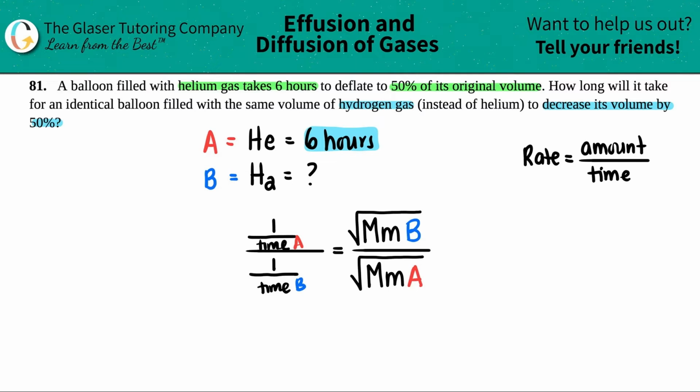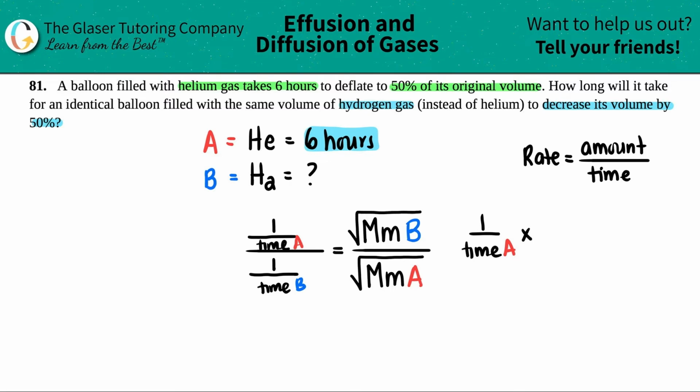But now, think back to algebra. What happens when we have a fraction divided by another fraction? That's keep, change, change. So if we have 1 over time of A, divided by 1 over time B, remember, keep, change, instead of division, it's now going to be multiplication, and then change. I have to flip this fraction.